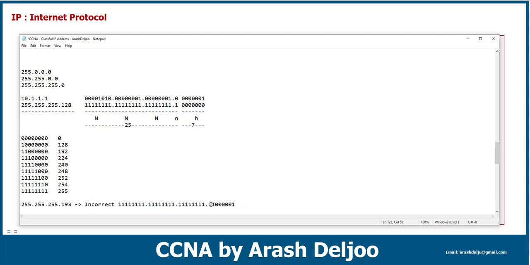As you can see, with this subnet mask we say that the first 2 bits of the last octet are network bits, then we have 5 host bits, and after that again 1 network bit. You know that this is not possible. Because of that, in a subnet mask you will have only these values: 0, 128, 192, 224, 240, 248, 252, 254, and 255.